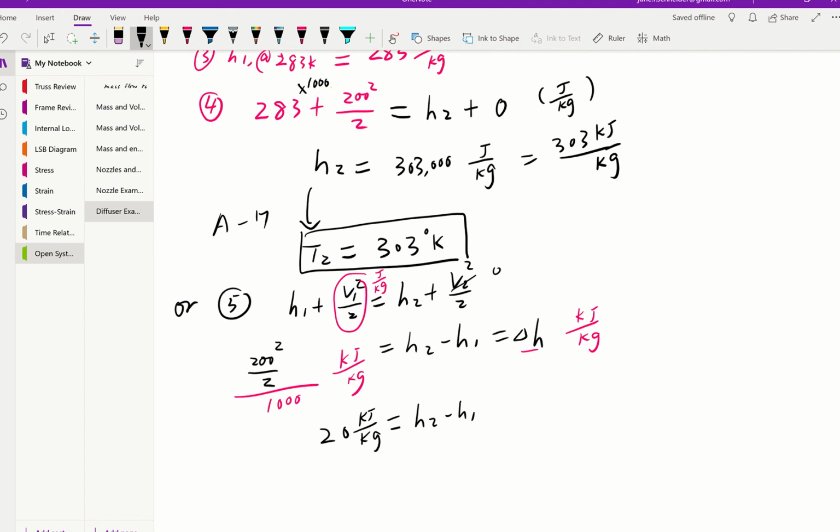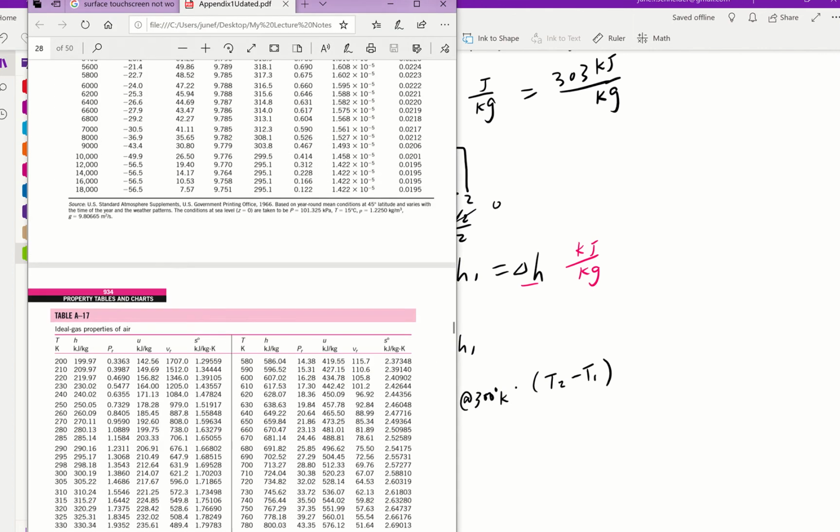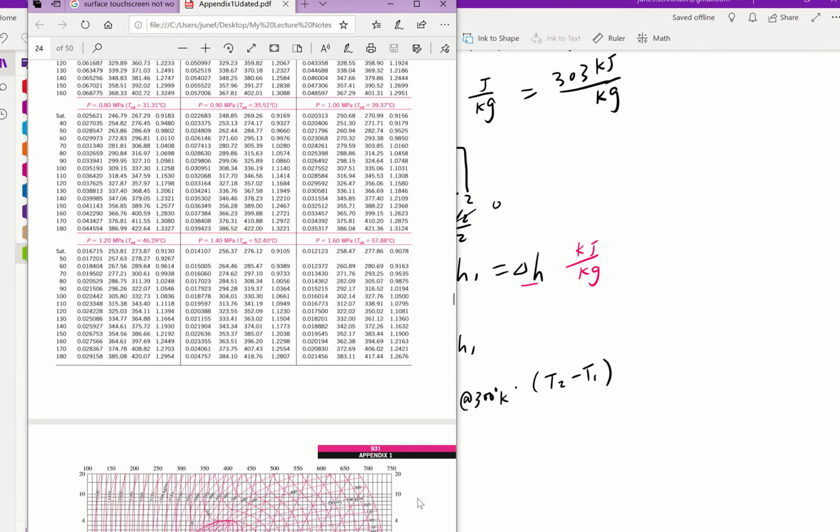All right, and since we're using method number 2, using CP, specific heat at 300 Kelvin, to approximate, and using T2 minus T1. Let's look at what CP at 300 Kelvin looks like for the air. So that's from way beginning.